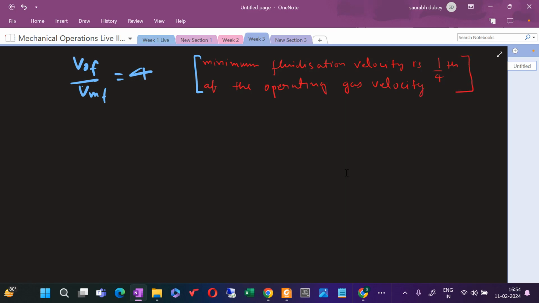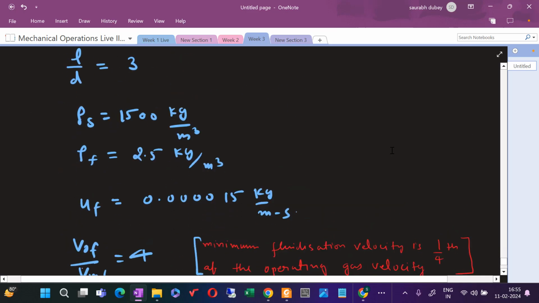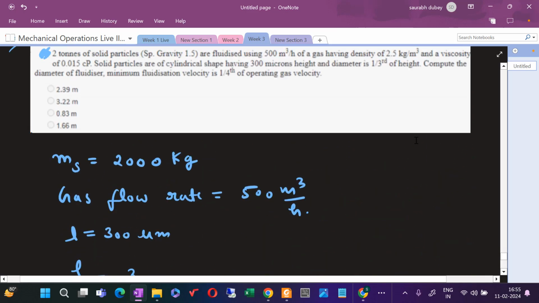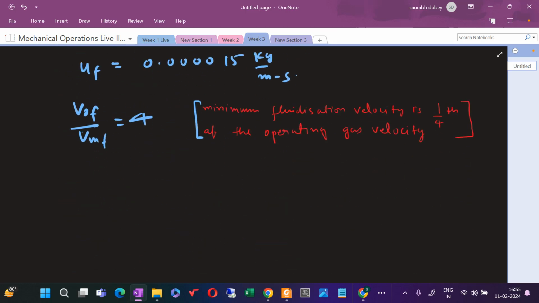Okay, so these are the data you are provided with, and you are asked to calculate the diameter of the fluidizer. So let us first determine the minimum fluidization velocity.